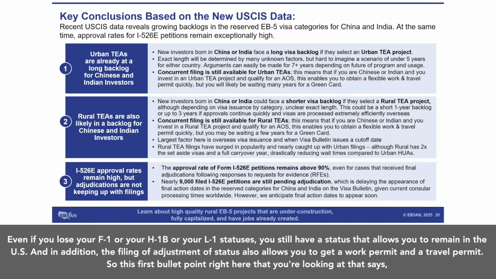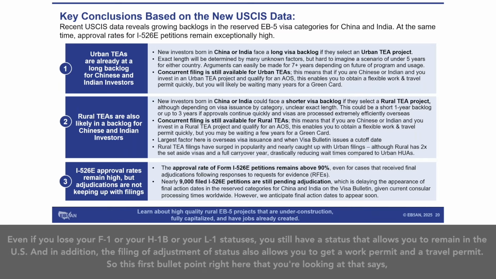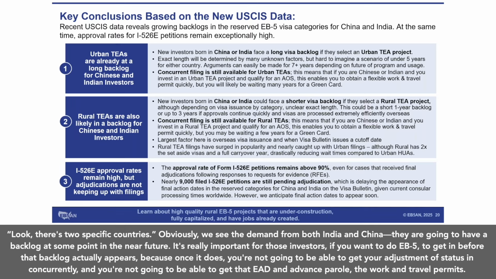So even if you lose your F1, H1B, or L1 status, you still have a status that allows you to remain in the US. In addition, the filing of an adjustment of status also allows you to get a work permit and a travel permit.